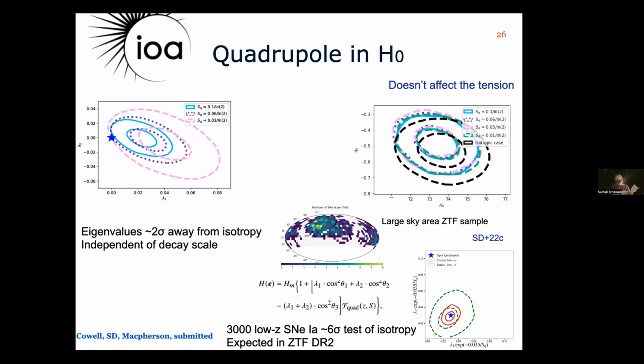In a similar way to how we do isotropic cosmography with q0, j0 and higher order terms, we do anisotropy with the multipole that has the highest power in H0, q0, and we find that there's no expected anisotropy in j0. So we've done it with a quadrupole in H0, and in other cases it has been done in the literature with a dipole in q0.